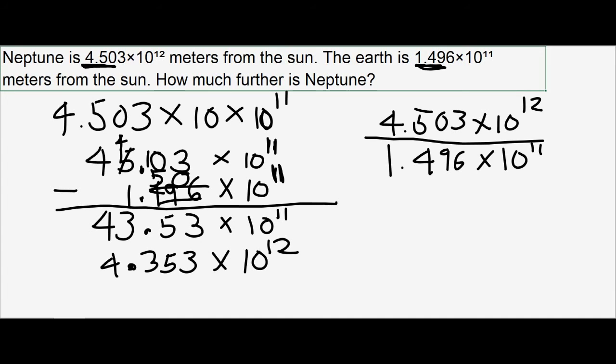So I can cancel this, and say 45.03 divided by 1.496 is the number of astronomical units. And all I did there was take my 12 minus my 11, and that leaves me 10 to the first power. I multiplied that 10 to the first power times 4.503.